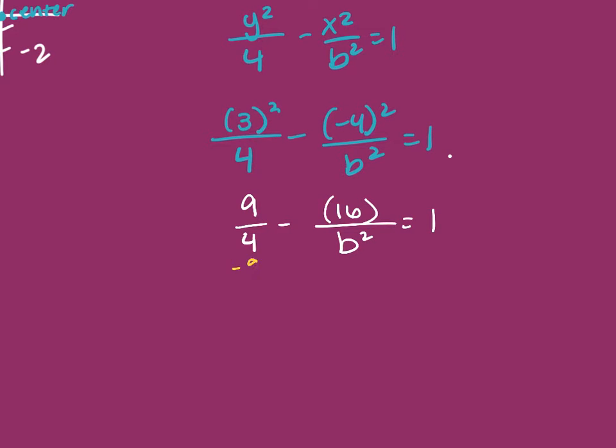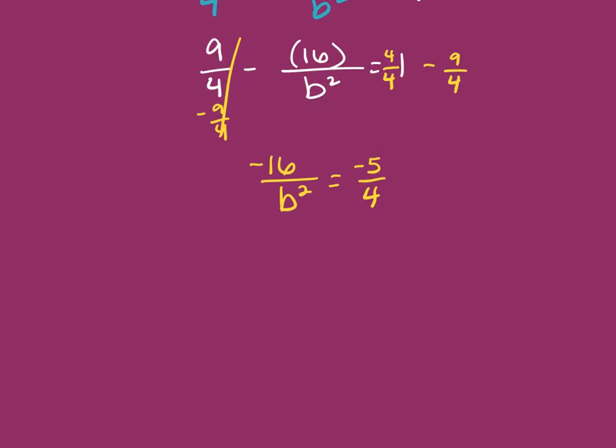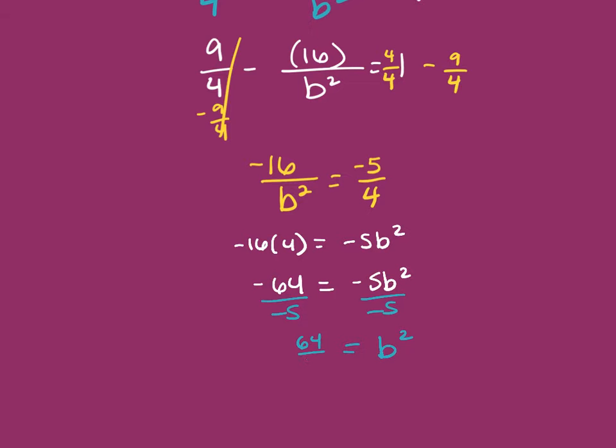You have to subtract the 9/4 from both sides, and I get negative 16 over b squared equals 1, which becomes 4 over 4 so it has the like denominator, and that's negative 5/4. Cross multiply, negative 16 times 4 equals negative 5b squared. Negative 64 equals negative 5b squared. Divide both sides by negative 5, and b squared is 64 over 5.